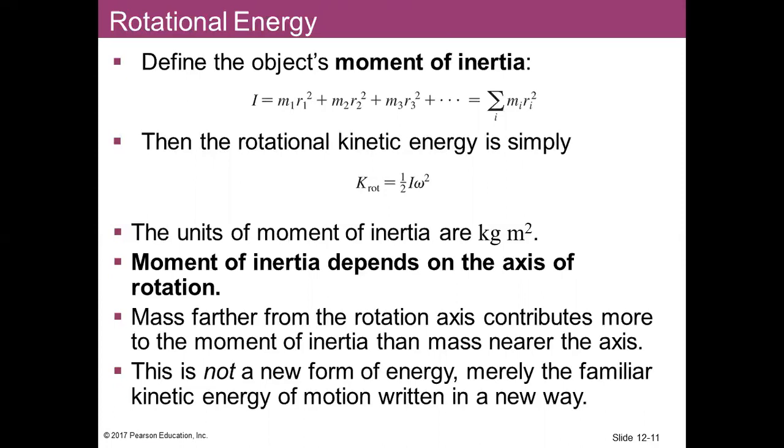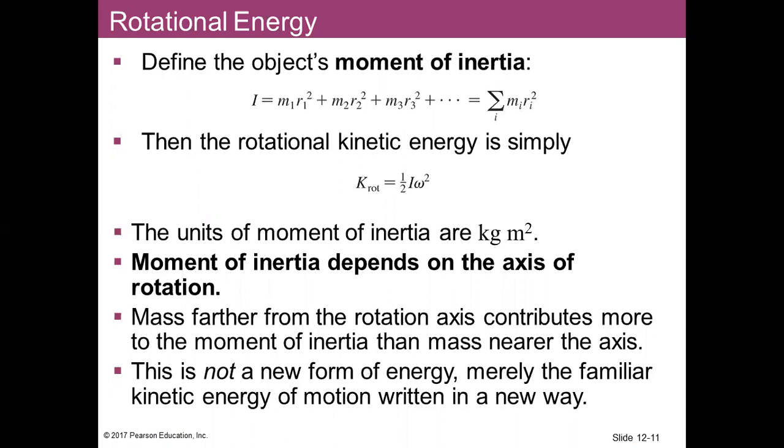Now we can add the moment of inertia of each and every piece to get the moment of inertia for the whole object, which is the sum of m_i r_i squared, where i represents an individual piece. Units of moment of inertia are kg meter squared.